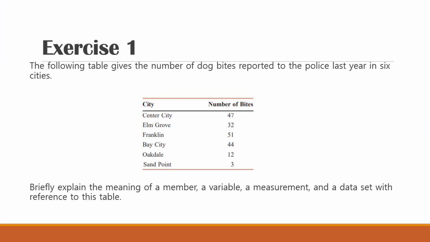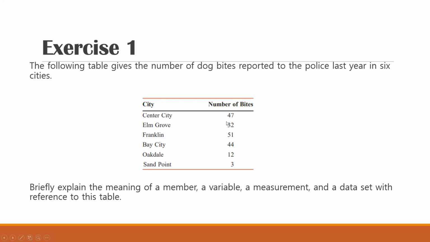So let's look at this exercise. The following table gives the number of dog bites reported to the police last year in 6 cities. Briefly explain the meaning of a member, a variable, a measurement, and a data set with reference to this table. So the members are the cities, Center City, Elm Grove, right?